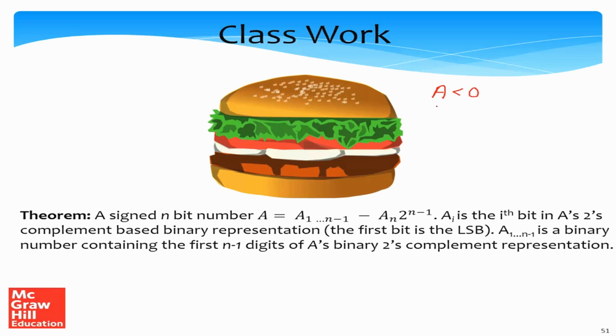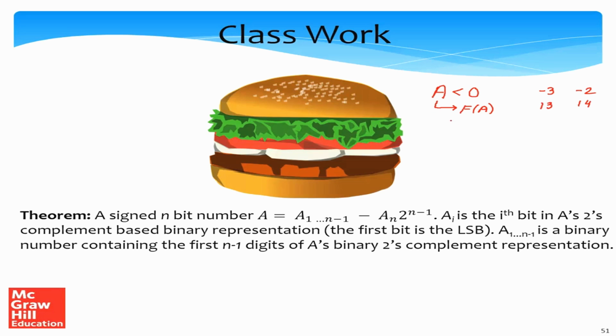So if it's less than 0, let's also look at the representation of A. Let's consider the unsigned number that represents the 2's complement representation of A. For example, in a 4-bit system, if A is minus 3, then f of A is plus 13. If A is, let's say, minus 2, what will be f of A? It will be plus 14, so on and so forth.